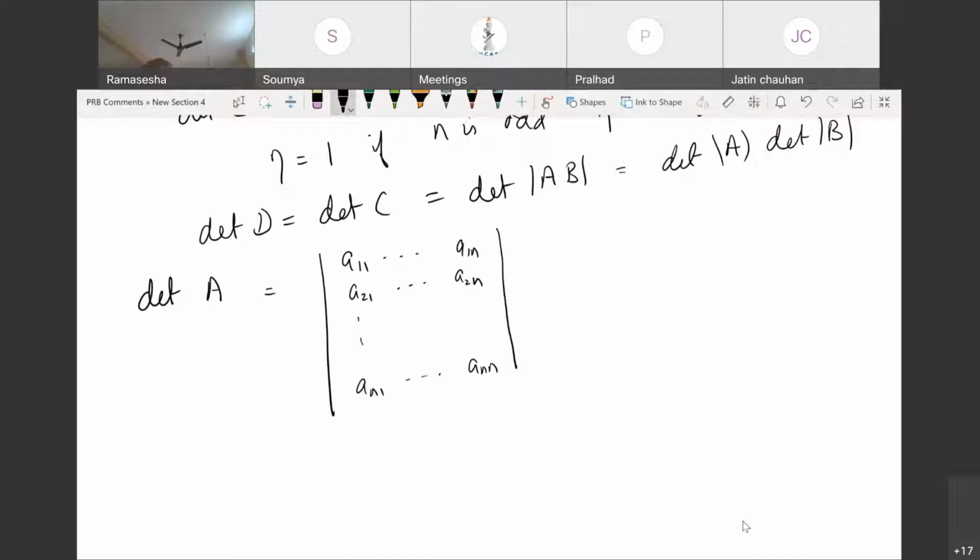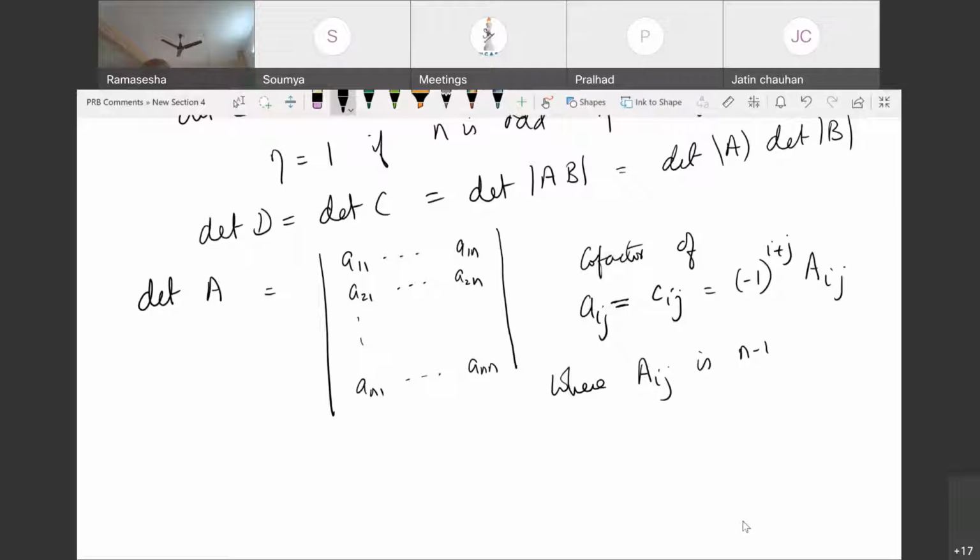Then I know that the cofactor of Aij is Cij, equal to (-1)^(i+j) times Mij, where Mij is the n-1 by n-1 determinant obtained by eliminating the ith row and jth column.